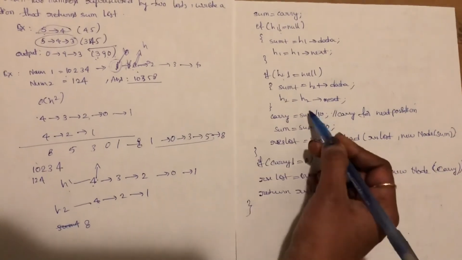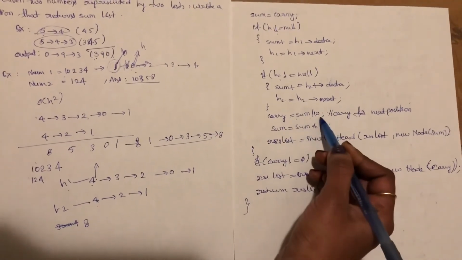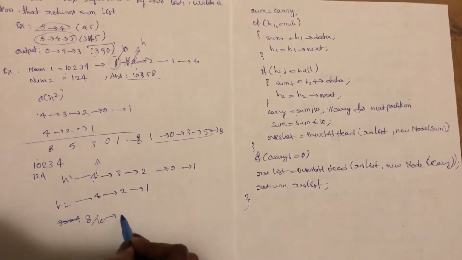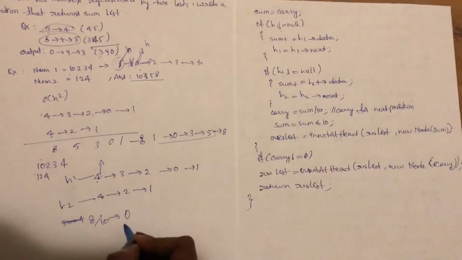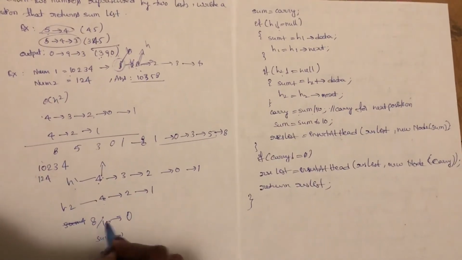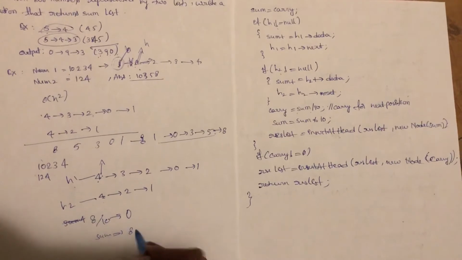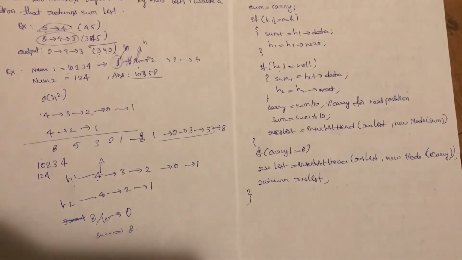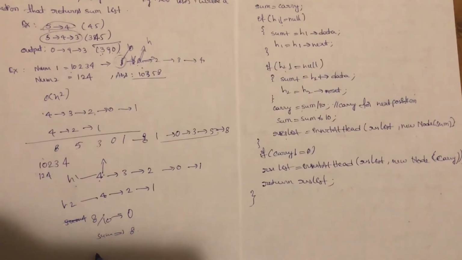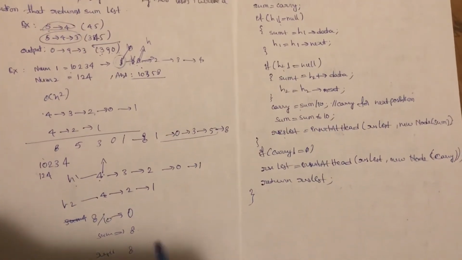It is going to divide the sum value by 10, that means 8 by 10, the carry is 0 and the sum value is going to be 8. It is going to save this data into the result list node. Now the result list node is 8.